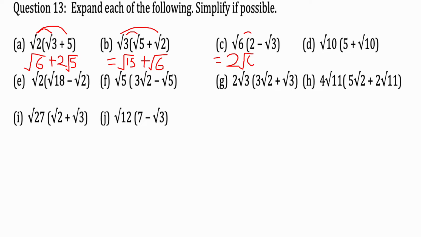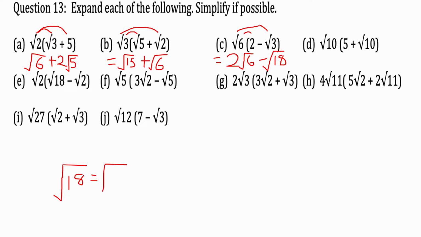And root 6 times negative root 3 is minus root 18, because a positive times a negative is a negative, so I get that. Now I can simplify root 18, and I know I haven't covered this yet, but simplifying surds is all to do with finding the highest square number common factor that goes into that number.